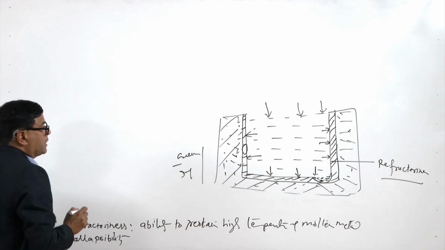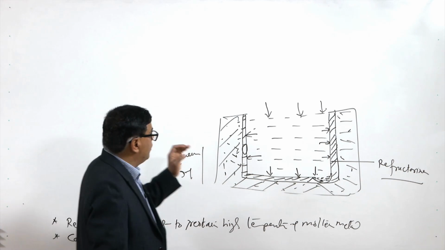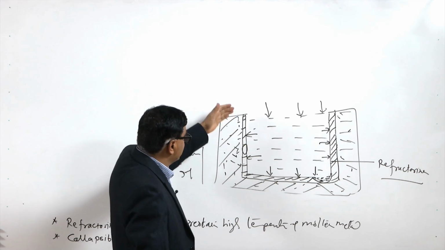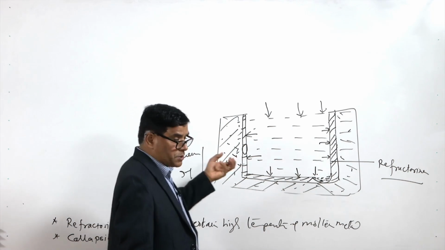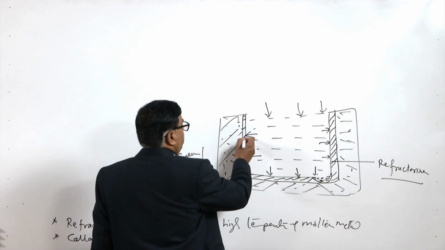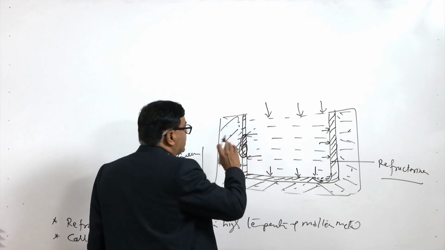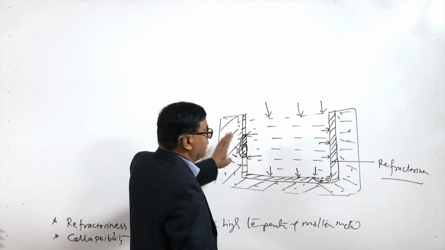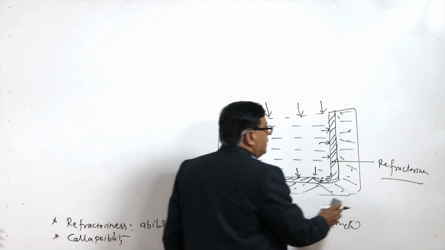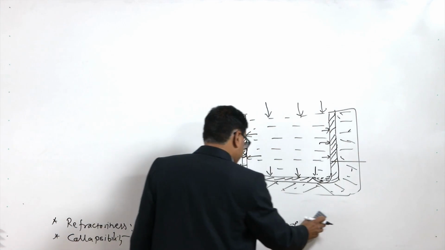This fusion can be avoided only if the sand mold has the required refractoriness, meaning it can sustain the high temperature without getting fused with the molten metal, because once the fusion of the mold wall starts, it will form part of the casting, and the shape of the casting will also get modified. This will be a situation of wastage of material as well as a change in shape of the casting.